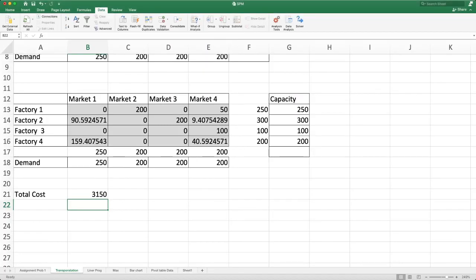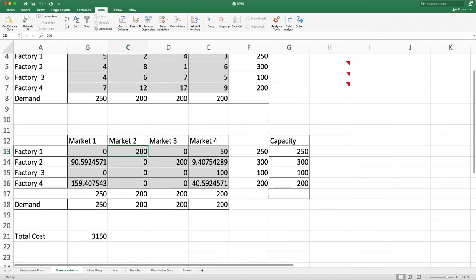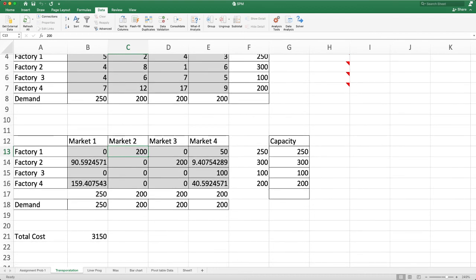Yes, you can see all the constraints have been tallied with the capacity as well as the demand. Factory 1 has to send 200 units to market 2 and 50 units to market 4.